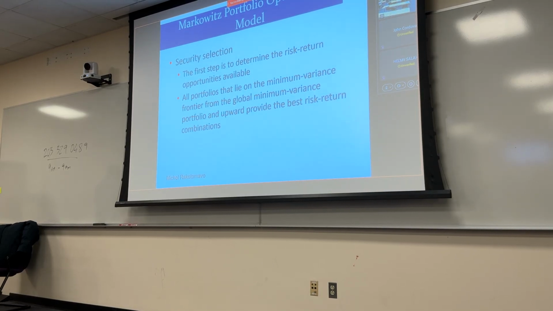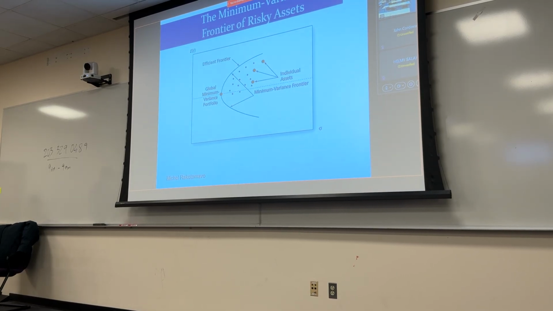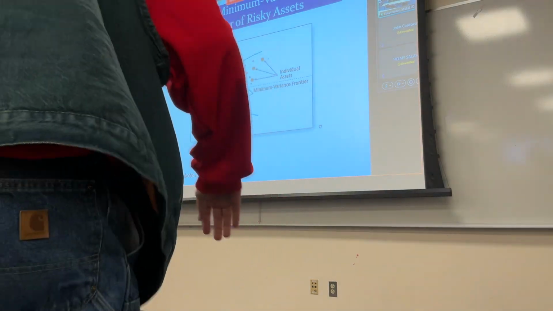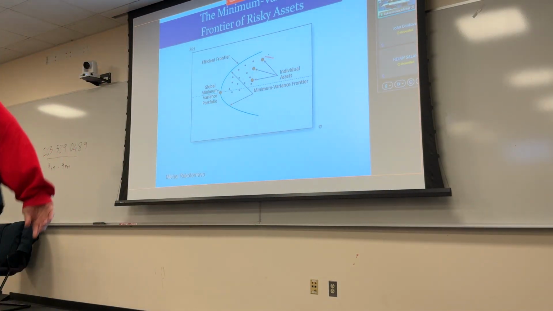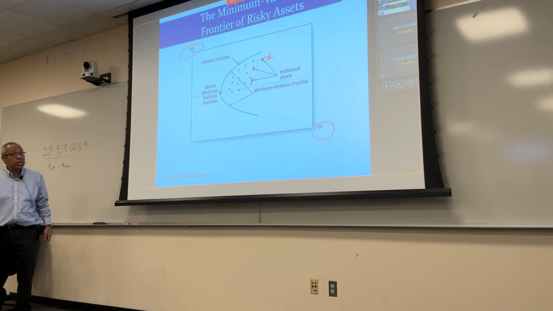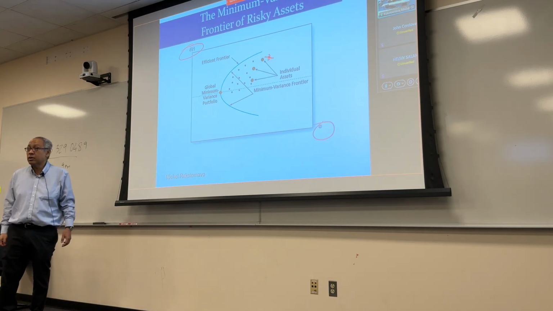So let's look at a picture where we're going to look at all of the stocks in our portfolios. Now, here's a stock. Any dot is a stock. And the chart on the y-axis shows the expected return, and on the x-axis it shows standard deviation of the return.